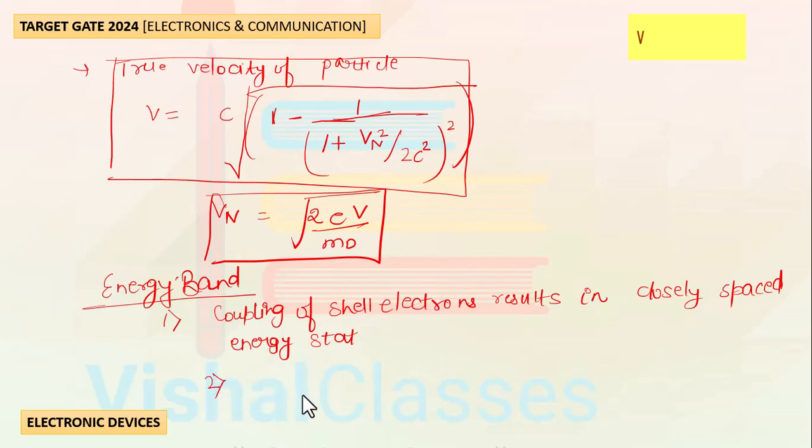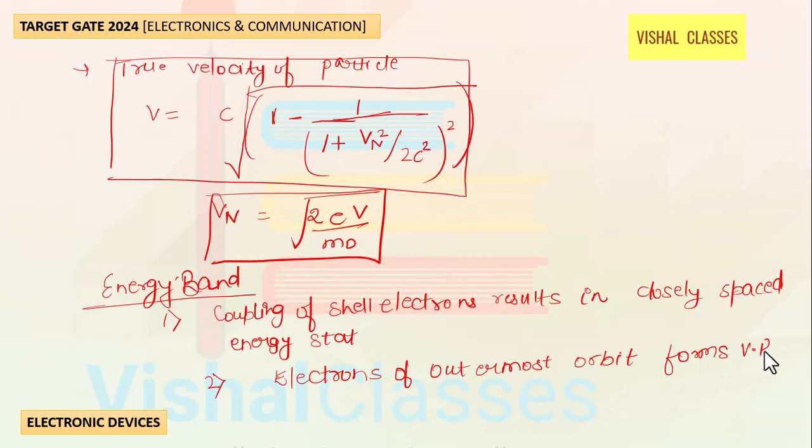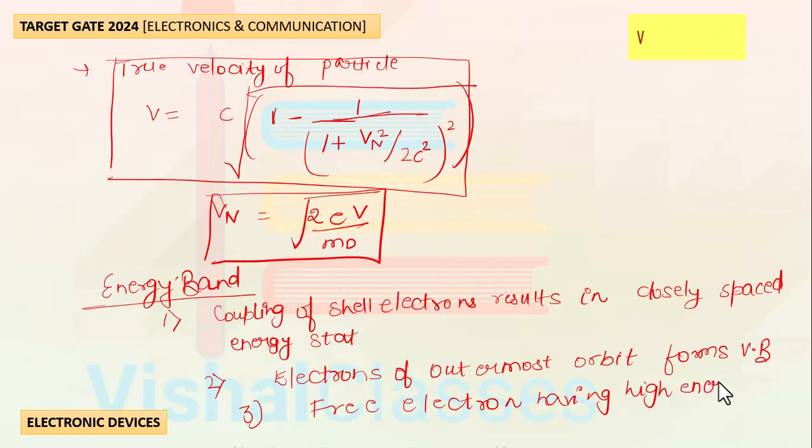And second point you will write: electrons in outermost orbit form valence band.